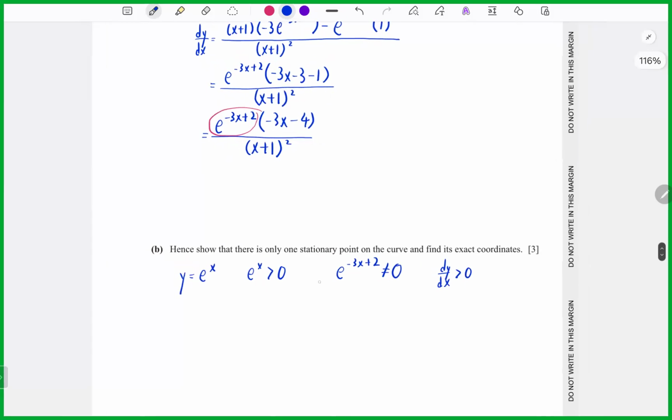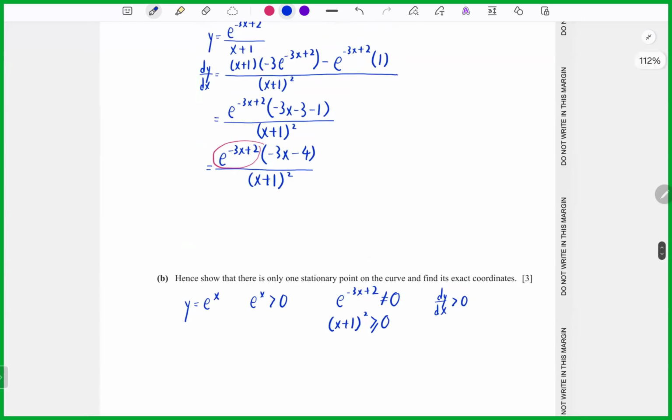And then you can look at here, x plus 1 squared, which is also more than 0. I hope you can get it.